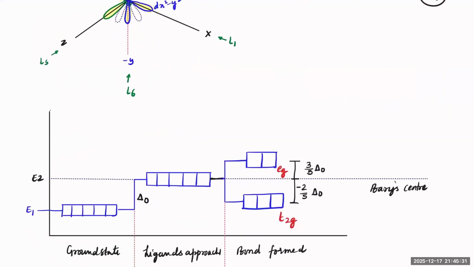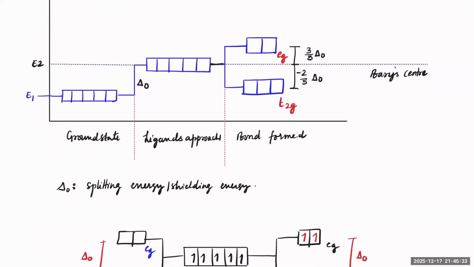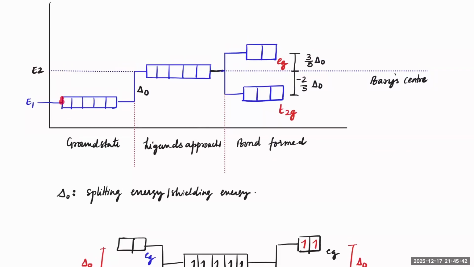Now, this is a typical energy diagram that we can observe as the complex formation is observed. For instance, the metal, when it is in the ground state, has some energy E1. As the ligand starts approaching it, the energy starts to increase to E2.